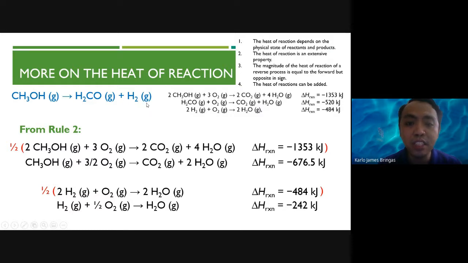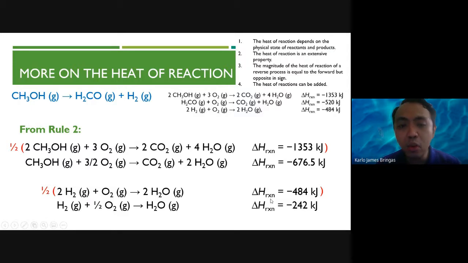So we'll just have to get the inverse. So to do that, we'll just have to flip everything over. The gaseous water will just transfer to the reactant side. And our hydrogen and oxygen will transfer to the right side.